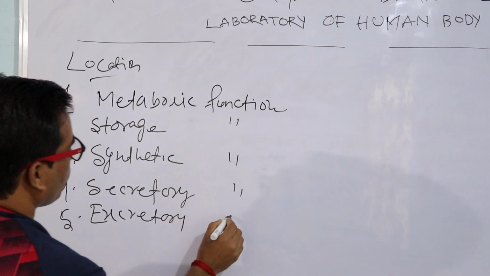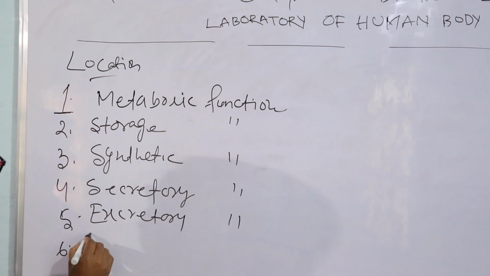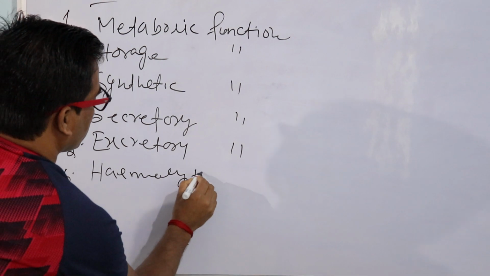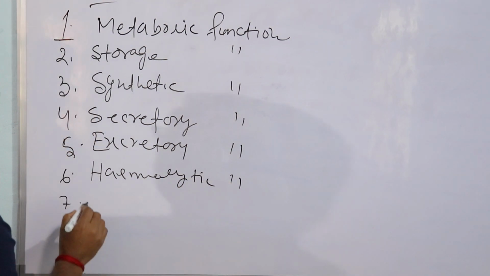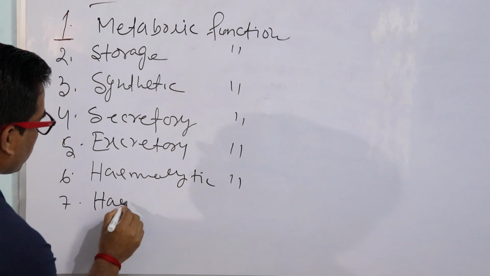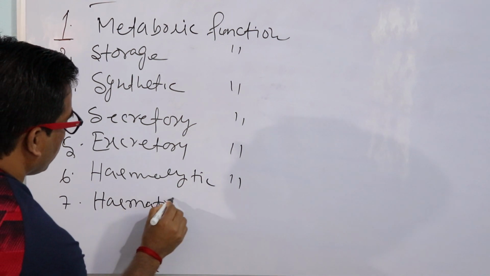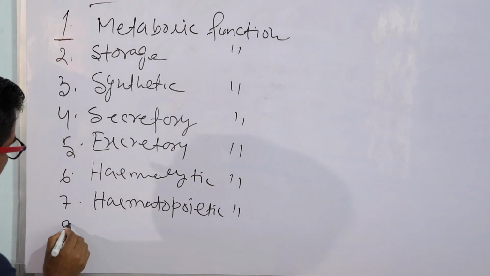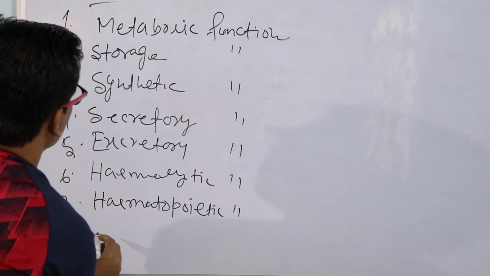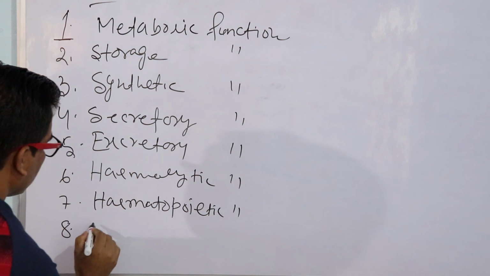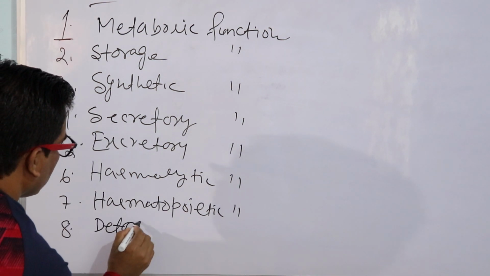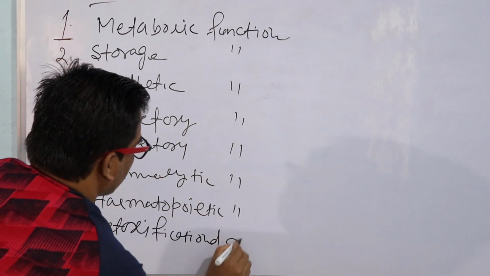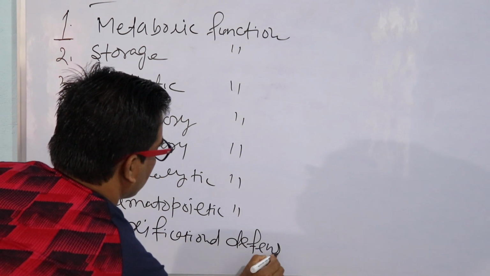excretory function. Number 6, hemolytic function. Number 7, hematopoietic function. Number 8, detoxification and defensive function.